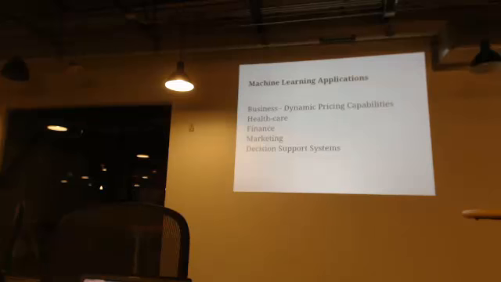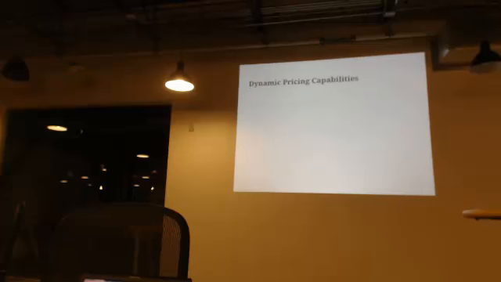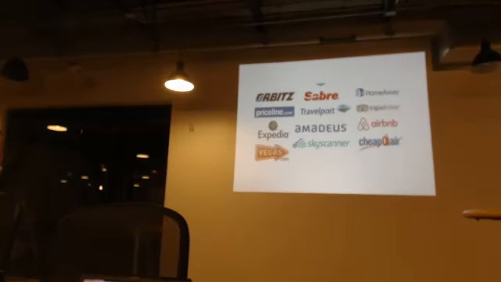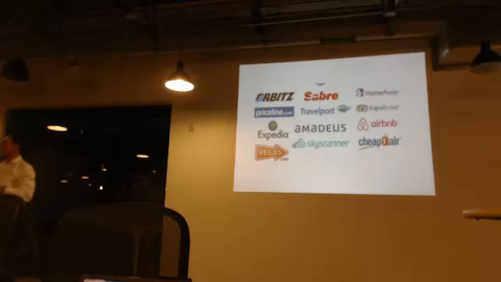So right now, I'm going to talk about 5 different machine learning applications that are happening right now and that add significant value. So business: dynamic pricing capabilities, healthcare, finance, marketing, and decision support systems. So dynamic pricing capabilities. You remember about 10 years ago when you would get on a flight, it would be hit or miss. Either the flight would be totally full, or it may be half empty, or maybe significantly empty.